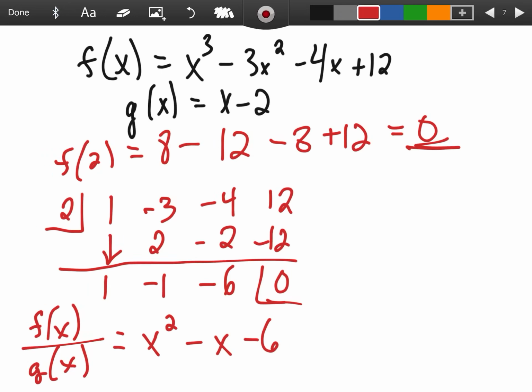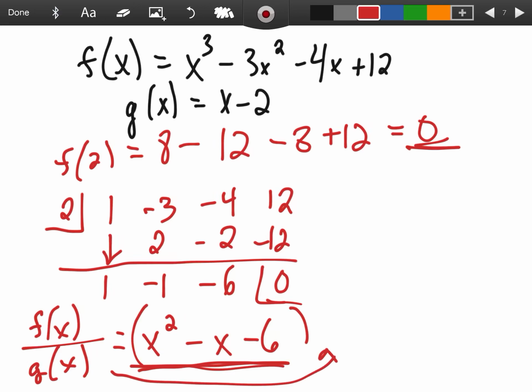So that also tells me that I could rewrite f of x as this, all in parentheses, times g of x. I'm going to multiply g of x over to the other side. So now I could rewrite f of x as x minus 2 times x squared minus x minus 6.